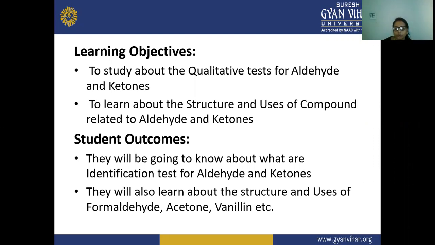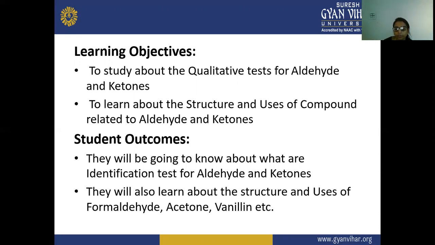The student outcome is that they will know the identification tests for aldehydes and ketones. If a sample is given to the students in the lab, then how will they identify whether it is an aldehyde or a ketone, or separate it from other functional groups or compounds, such as carboxyl compounds and alcohols?